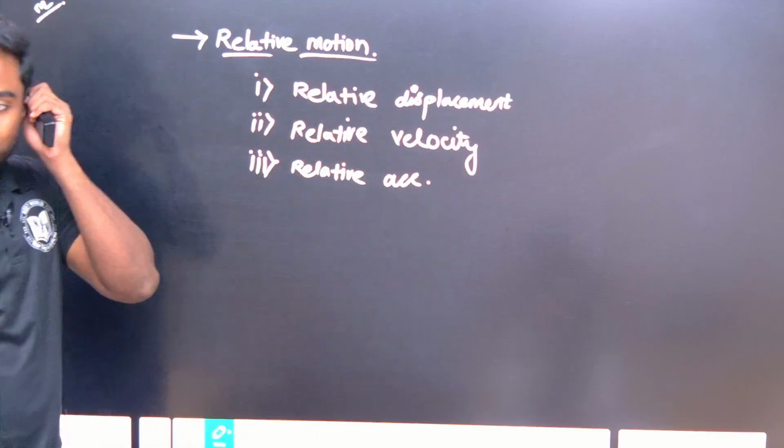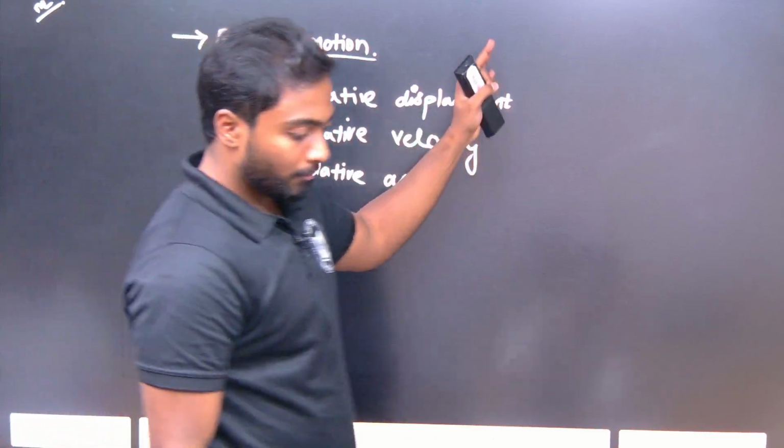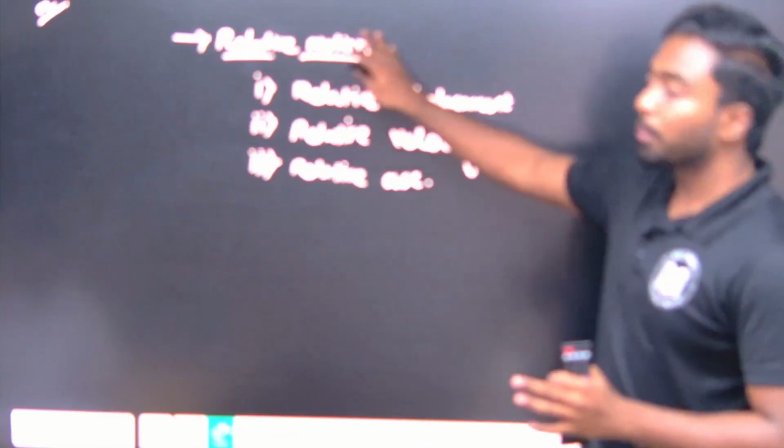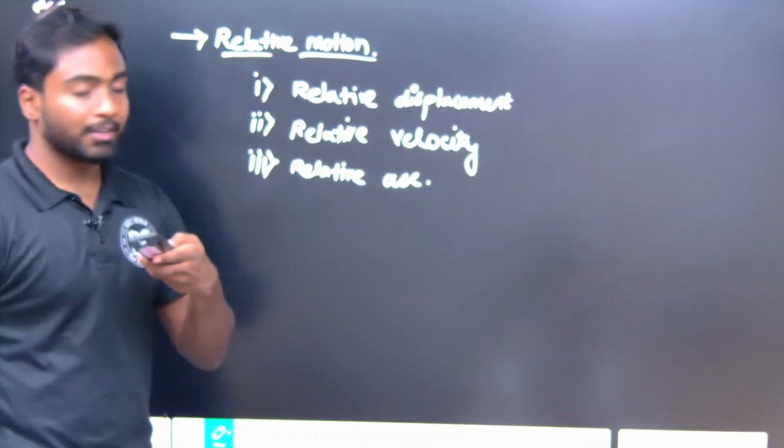When we talk about motion, displacement is there, velocity is there, acceleration is there. So in relative motion: relative displacement, relative velocity, relative acceleration.